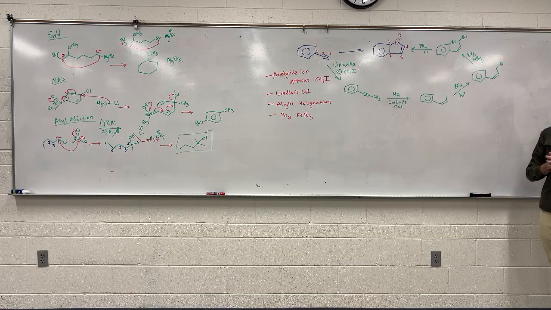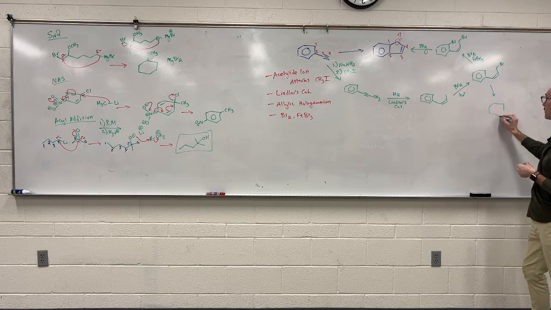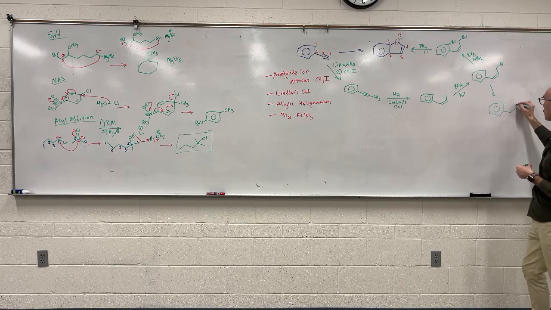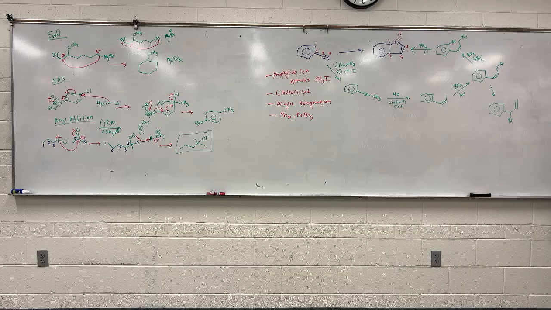All right, now if you're really thinking about your allylic radical halogenation, you might remember that I said we often get these 1,3 allylic isomers. So this also has a structural isomer that forms that looks like this. But which one is more likely to form?